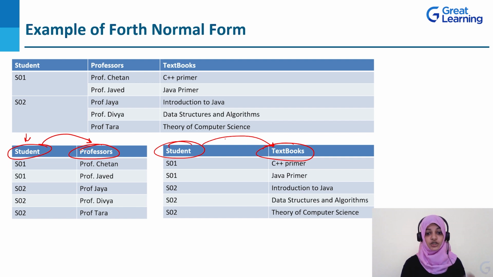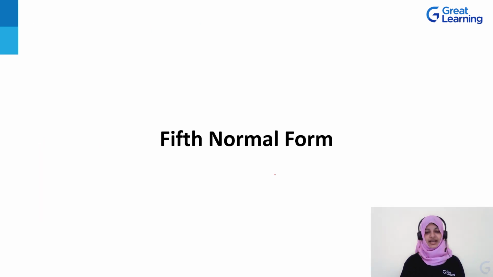Please note that since student ID comes in both tables, name and age would also come up in both the tables. So we would ideally have student, first name, age, professor, and the other entity would be student, first name, age, textbook. This is how we can actually convert tables which are not in fourth normal form into tables which are in fourth normal form.